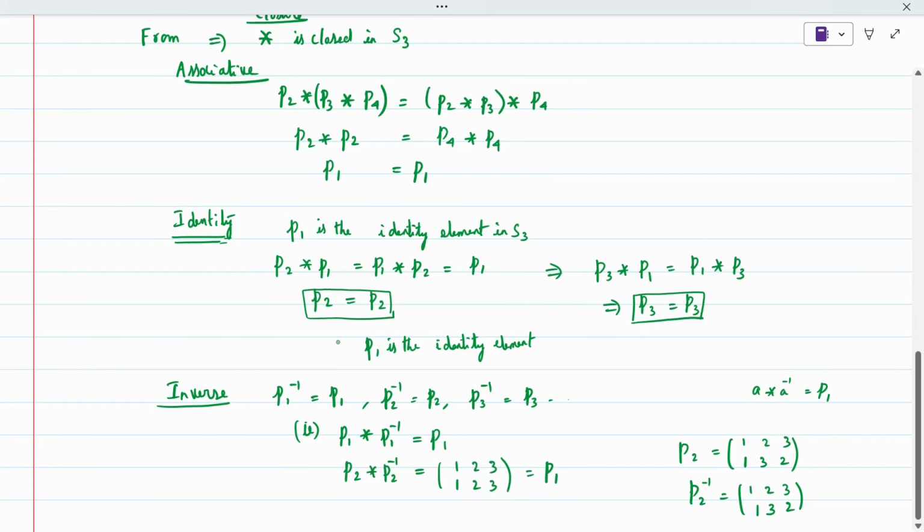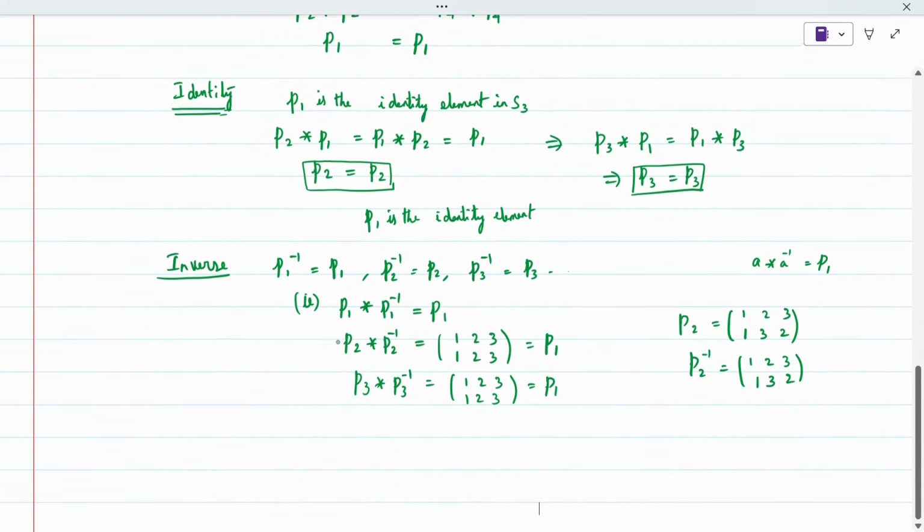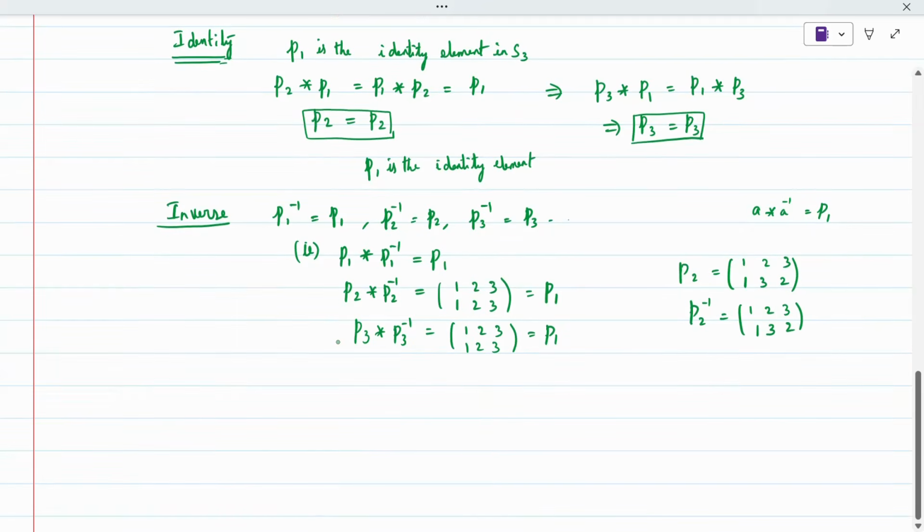Every element, it's the same thing, you can check. P3 into P3 inverse also you check. The same element only you will get, 1, 2, 3, the same P1. So for every element, the corresponding element is the inverse.